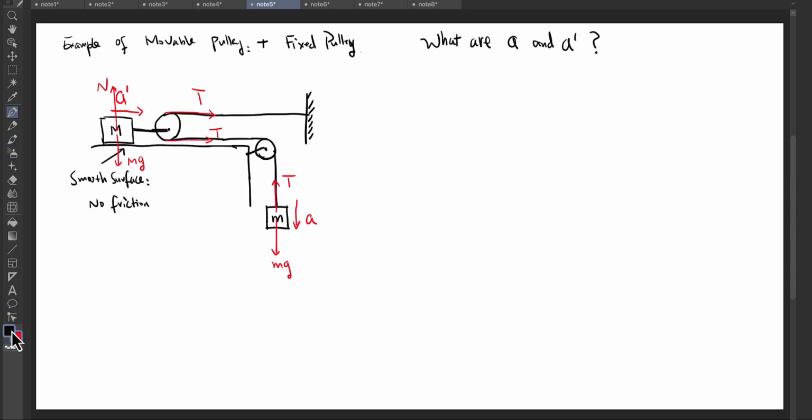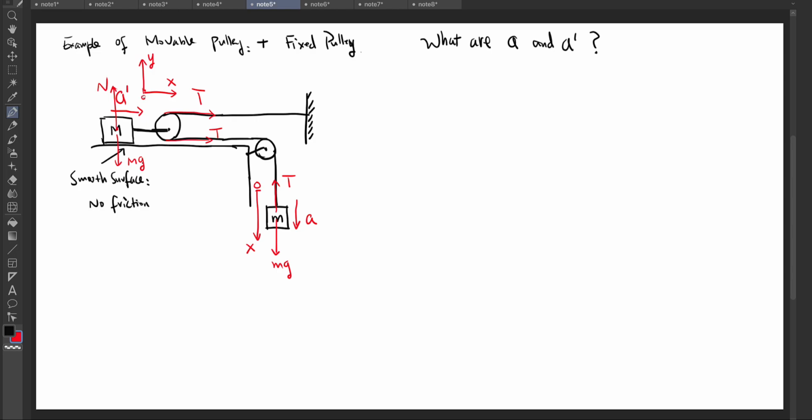Now let's write down Newton's second law or the equilibrium conditions. Before I do that, I need to set up the coordinate system. The positive direction is downward for this little m. For this big M, we need two directions: the positive direction is to the right, and in the vertical direction, the positive direction is upward.